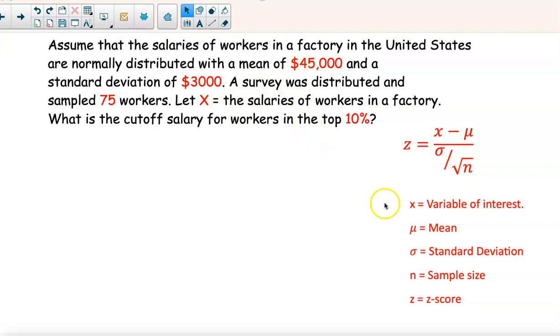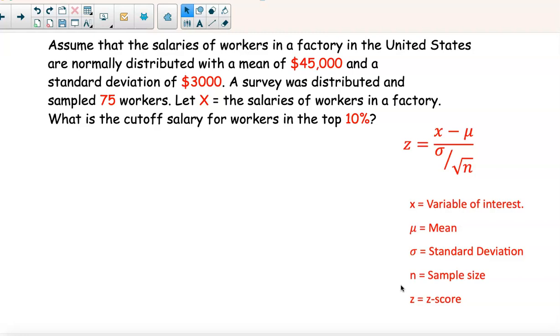It is that thing you are going to find. Mu is the mean. You can find where is the mean. You have it here. Sigma is the standard deviation in this scenario. N is the sample size and Z is that Z score. And we are going to refer to a chart to find what is the Z score in this particular case.